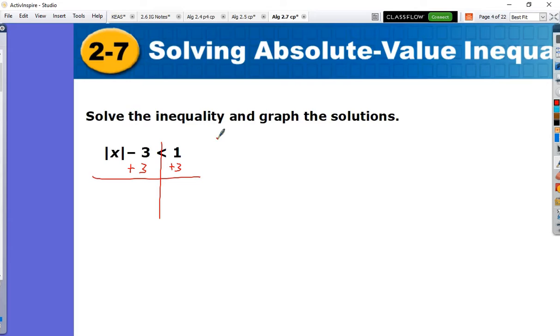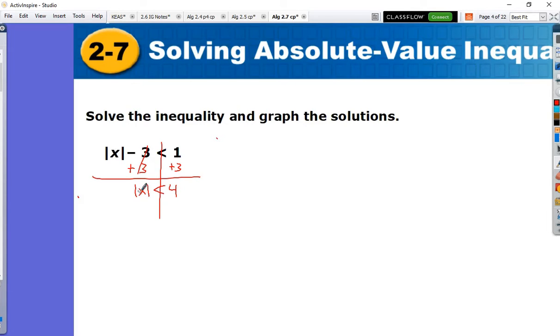So that's what we have so far, and our 3's are going to cancel. So we are left with the absolute value of x, the same symbol, and 4. So that's what we have so far.